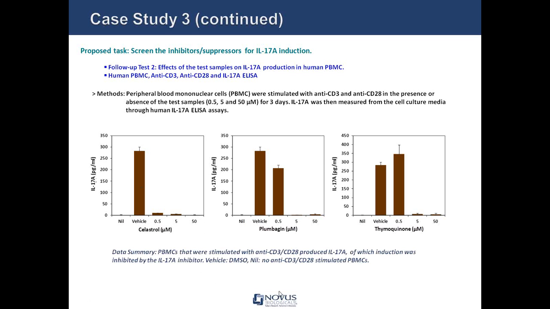In the data summary, the PBMC stimulated with anti-CD3, CD28 produced IL-17A, of which induction was inhibited by the IL-17A inhibitors. The vehicle control was DMSO, and "none" means PBMC without anti-CD3, CD28 stimulation.